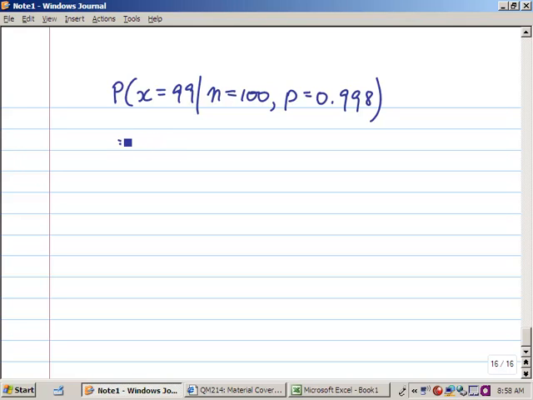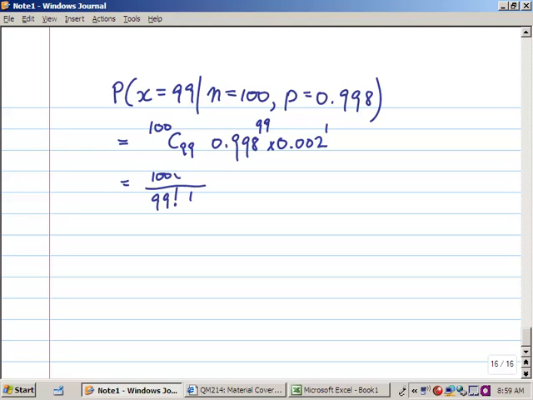So the answer to that: nCx, 100C99, p, 0.998 to the x power, to the 99 power, times 1 minus p, 0.002, to the n minus x, which is to the 1 power. The biggest thing on the bottom line here will be 99 factorial, so we leave that alone, times n minus x, which is 1 factorial, so that's just 1.